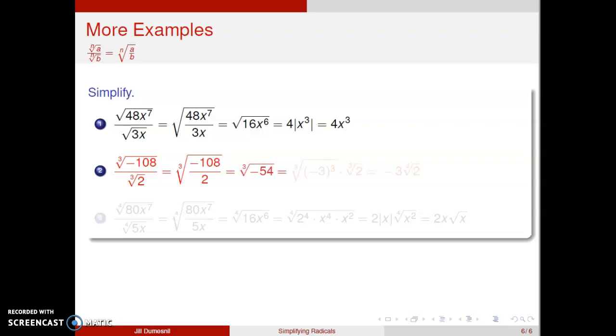And 54 can be factored into 3 cubed times 2. That is, negative 54 is negative 27 times 2. Using the product rule for radicals and recognizing that negative 27 is negative 3 cubed, produces a simplified negative 3 times the cube root of 2.